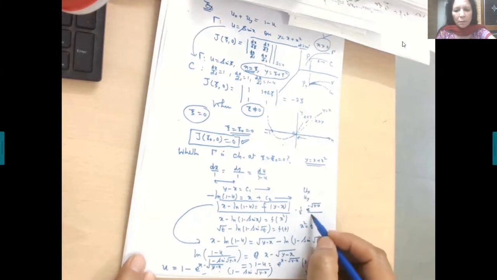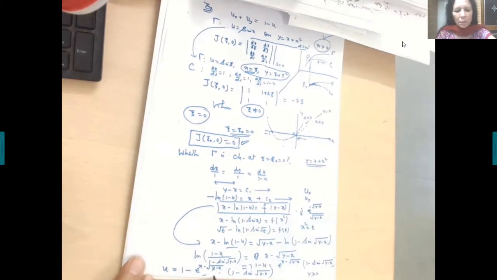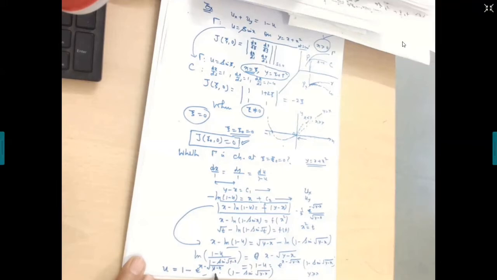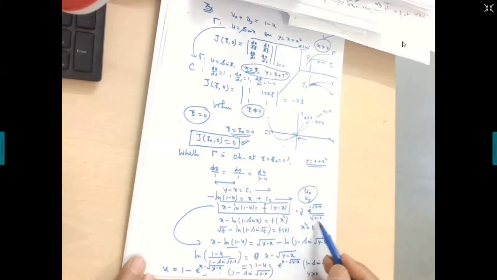This y minus x will come in the denominator. I am differentiating with respect to x and y. With respect to x it will be plus 1, with respect to y it will be minus sign, but in both the derivatives you will find this term in the denominator.